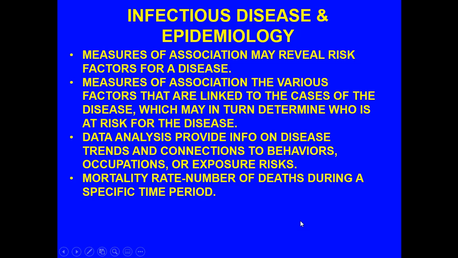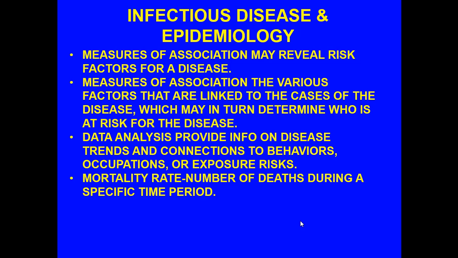Now, measures of association may reveal risk factors for a disease. When I say measures of association, what are you talking about? That's the various factors that are linked to the cases of the disease, which may in turn determine who is at risk. Are these all medical workers? Are these all individuals that went to the Lunar Festival, for example, in China?